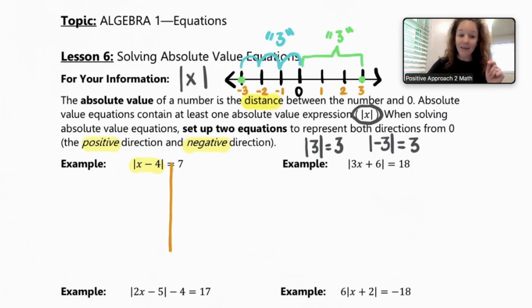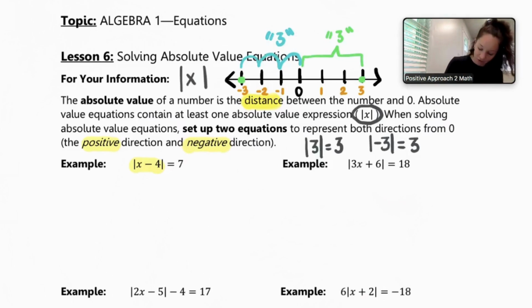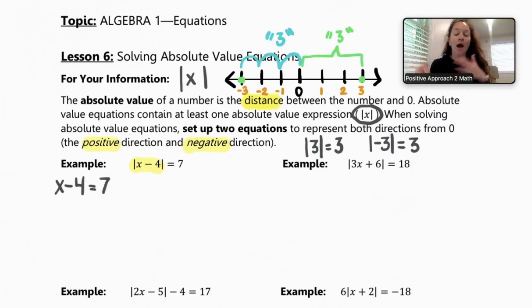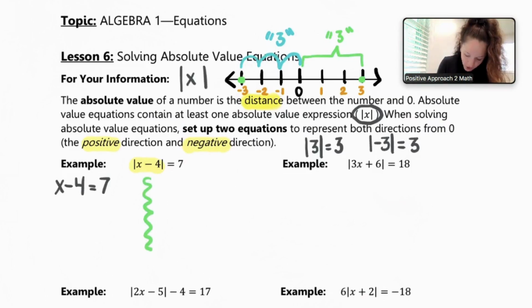And so, in fact, I'm going to undo that line, and I'm going to set up my two equations first. So what I do is I take what's on the inside, I can drop the bars, and I write it exactly as is. I just get rid of those bars, okay? And now I'm going to do a squiggle to differentiate that I'm setting up a second equation.